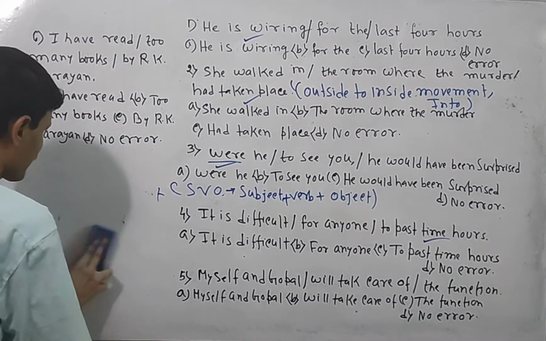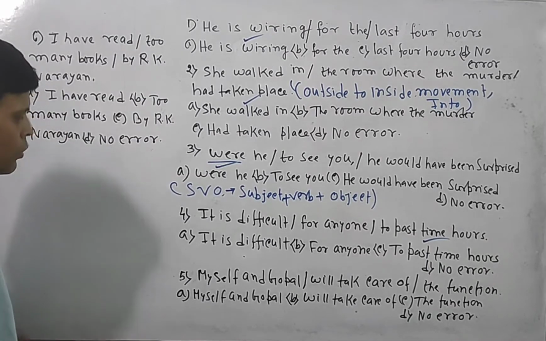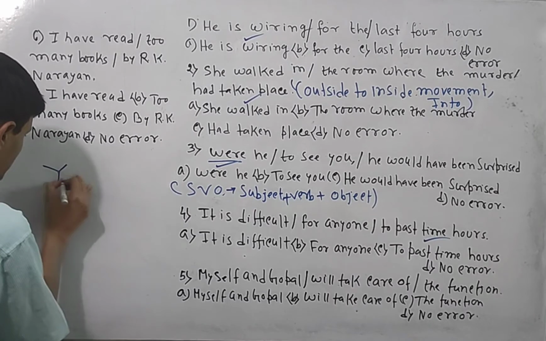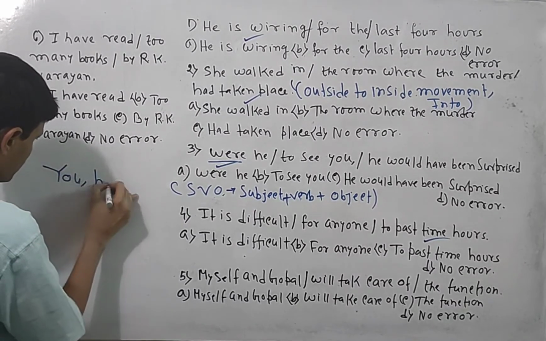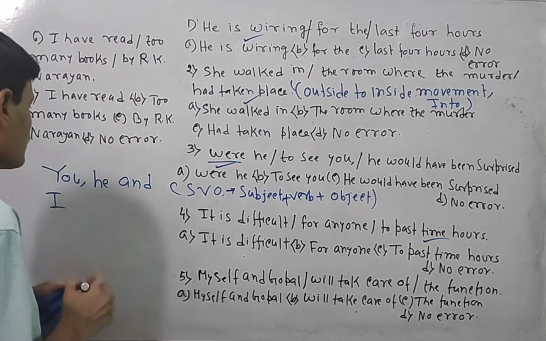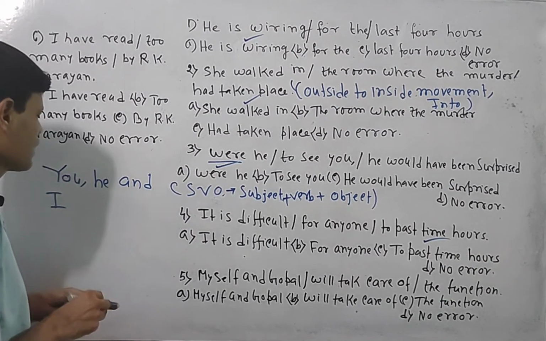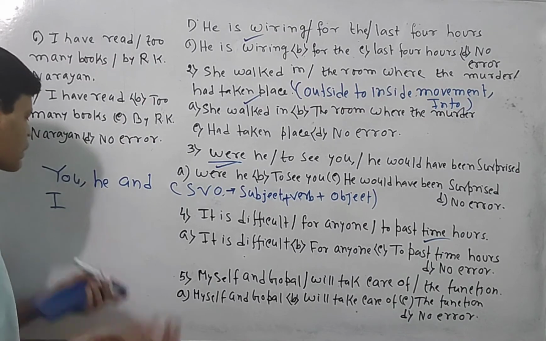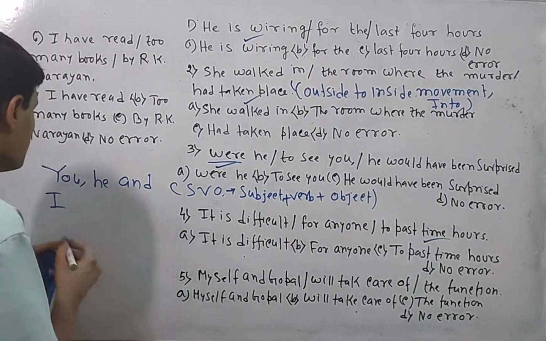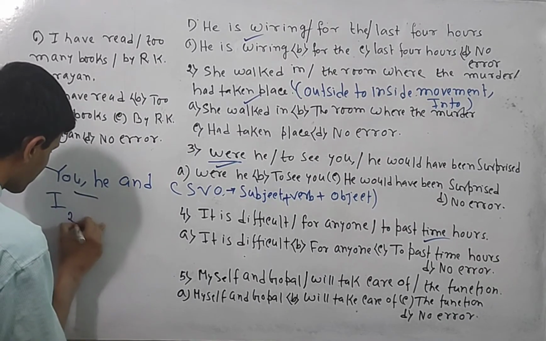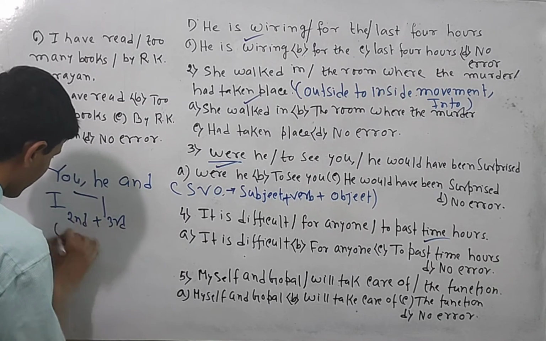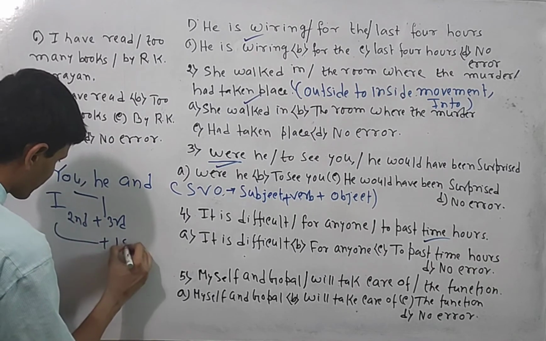Whenever you are going to write some sentence like myself or Gopal, generally we write the sentence in this form: you, he and I. We cannot write I, you, I, he, or something like that. We cannot disorder this order. So "you" is called second person, "he" is called third person, and "I" is called first person.